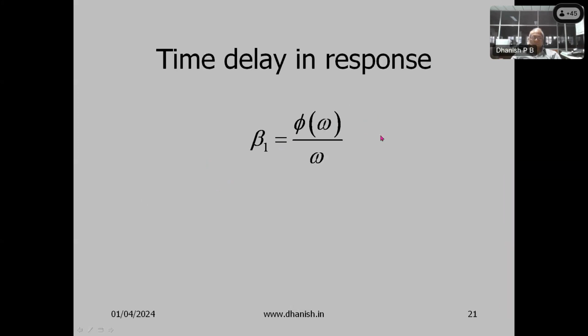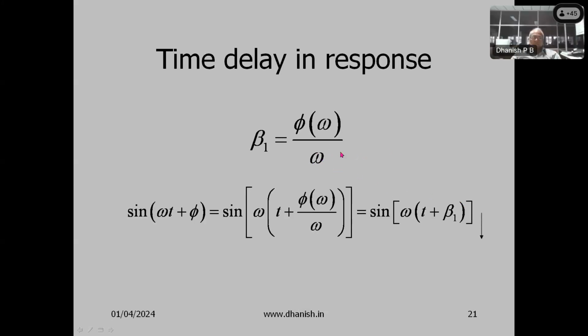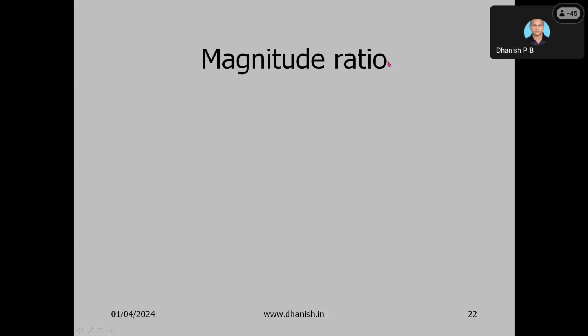So the time delay in response, beta 1, is phi omega by omega. Omega should be in radians per second, so we have to convert that into appropriate units to get the answer in seconds.